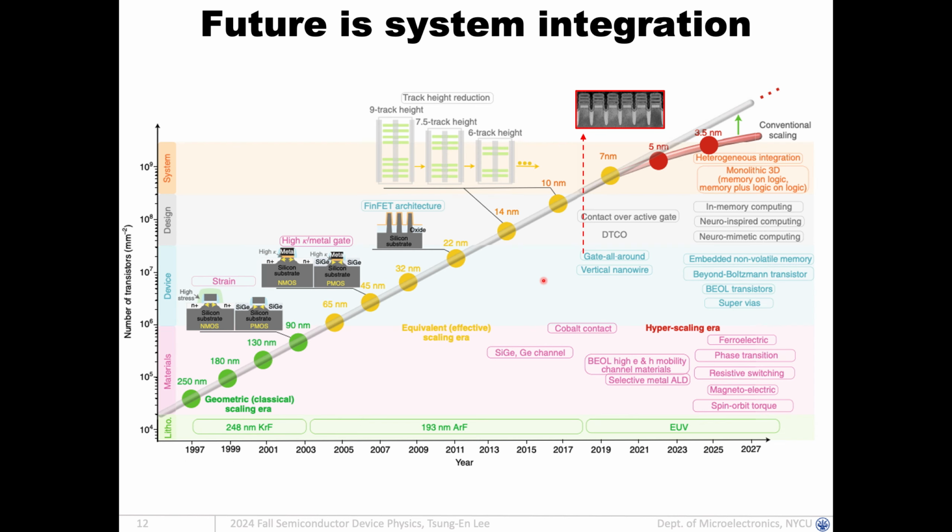For this graph, I'm not going to explain all the details, but I would like to let you know that for current advanced chips, we need to integrate many aspects: not only the device, but also circuit design, system design, and from the very bottom, material exploration or invention. We also want to make devices very small for high density transistors and memory, so we need very high resolution lithography.